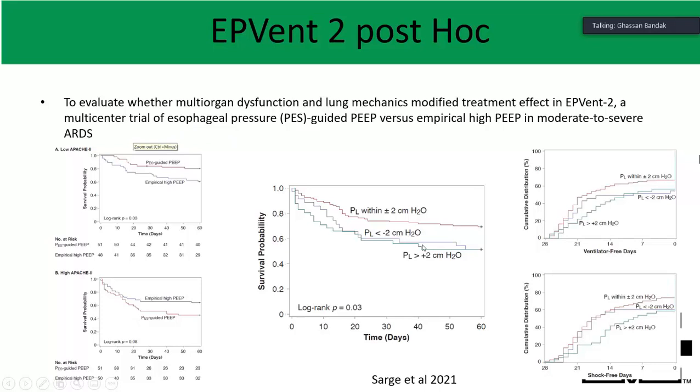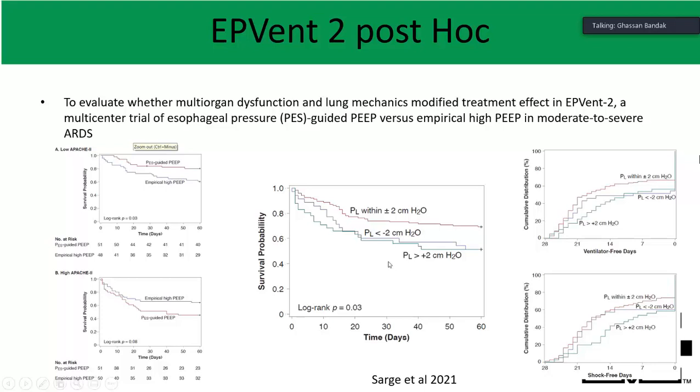They also showed that if you target an end expiratory transpulmonary pressure of 0 plus minus 2 using the balloon, the probability of survival is higher than if you're too little or too high. And what that means is the following. If you're under-PEEPing, or if you're causing hyperdistension. Under-PEEPing means the transpulmonary pressure is low. You put the patient on a PEEP of 12, but the actual transpulmonary pressure is negative. So with every expiration, the lung is collapsing and opening, and you have a lot of atelectrauma.